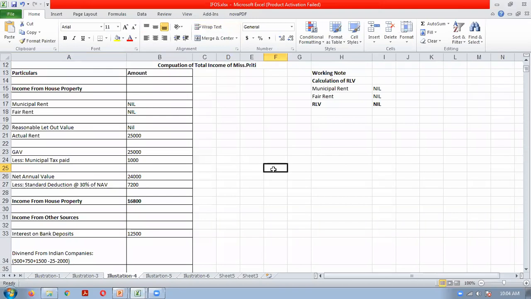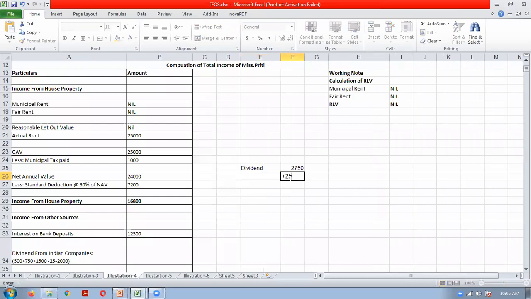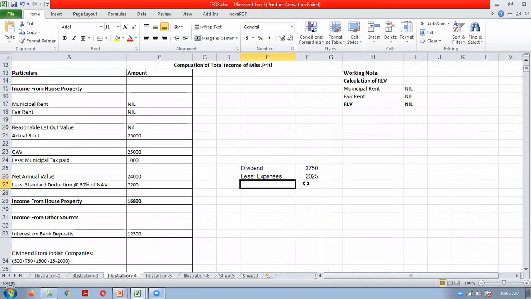She is receiving dividend 500 plus 750 plus 1500, that is 2750. But simultaneously expenditure is also incurred for earning that income, that is 25 plus 2000. This expenditure we will have to reduce and only net income should be taxable. So 2750 minus 2025, only 725 will be taxable as dividend income, not the total.